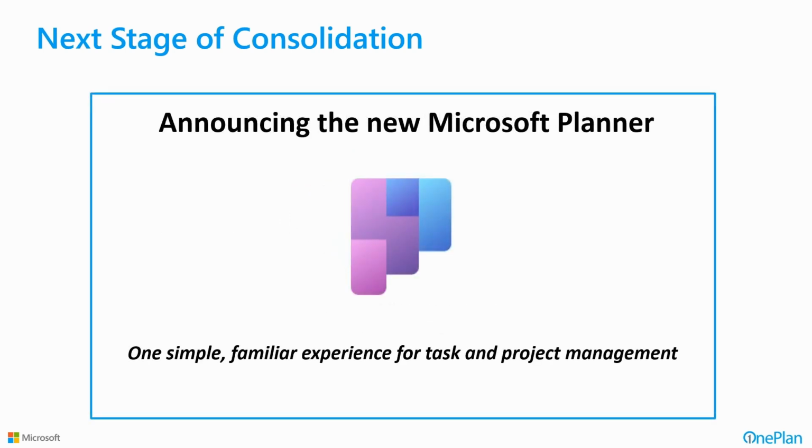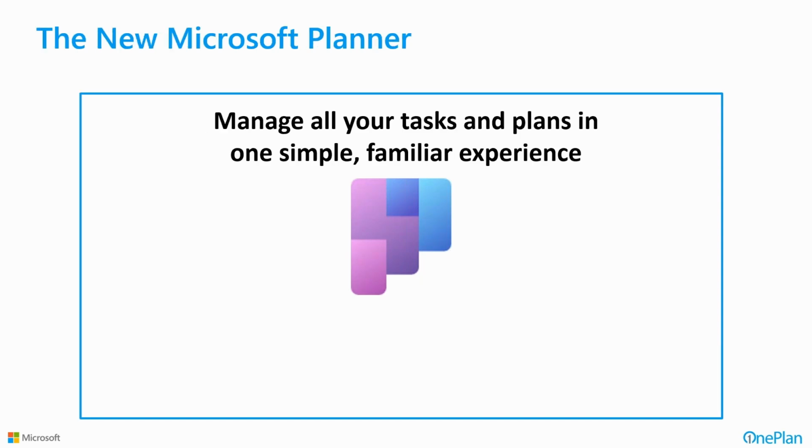And in that, they announced the new Microsoft Planner for one simple, familiar experience for task and project management, meaning the capabilities of Planner, To-Do, and Microsoft Project for the Web are being formulated into one tool called Planner. So the idea here was to manage all your tasks and plans in one simple, familiar experience within that Planner environment, in that Planner user experience.